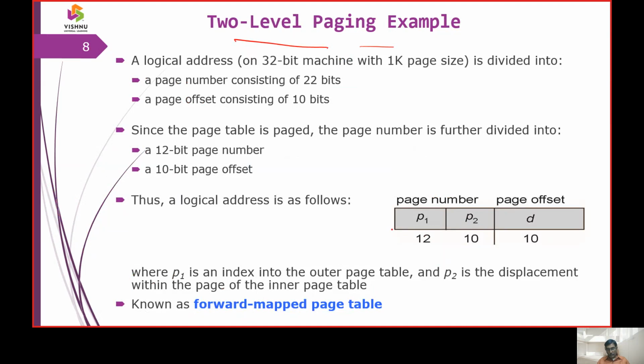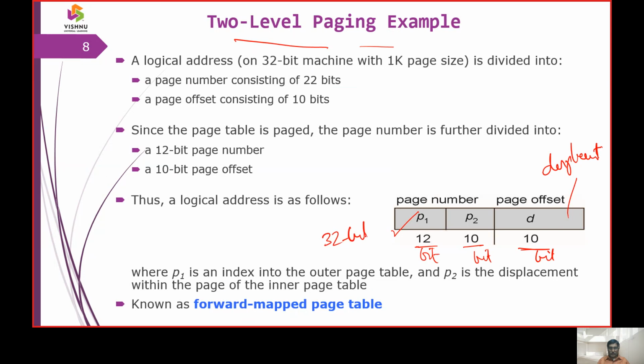So page number P1 is occupying 12 bits, page P2 is occupying 10 bits, and the offset, or what we call here the displacement, is going to occupy 12 bits.